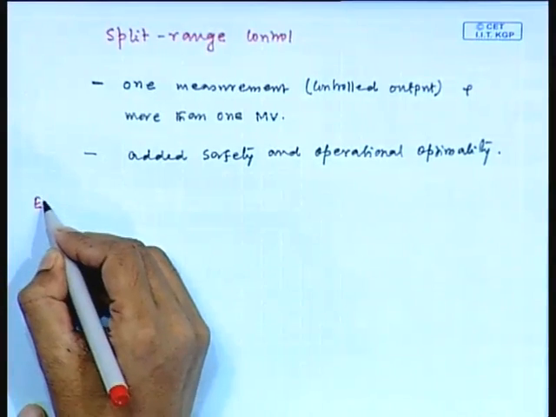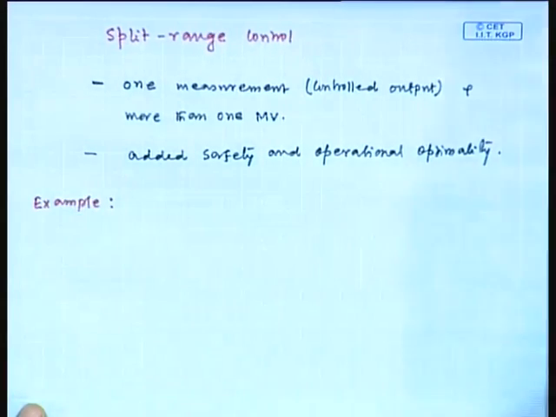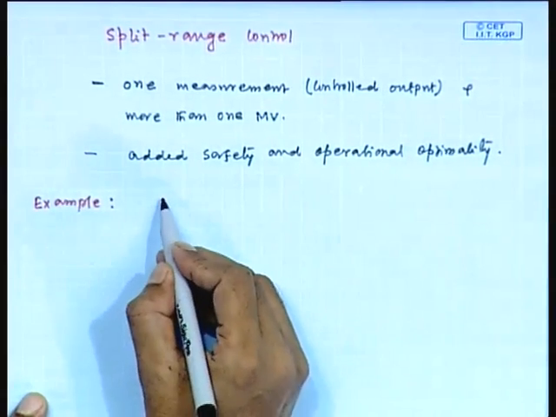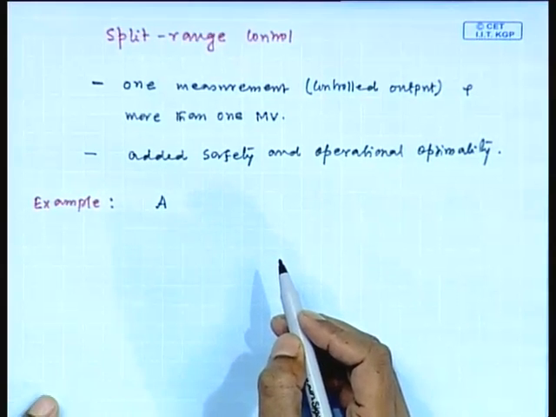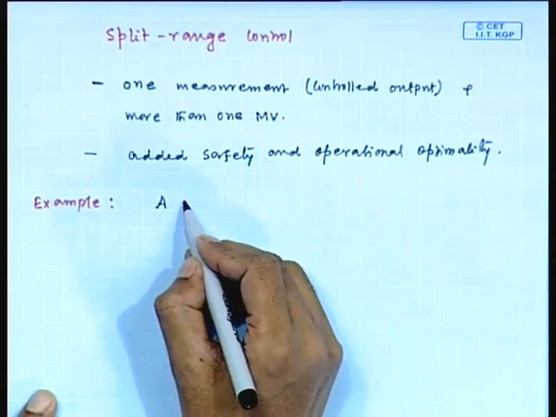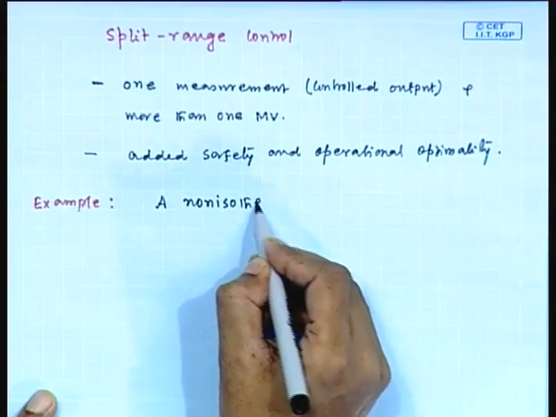So, we will discuss the concept of split range control by taking one example. We will take a non-isothermal batch reactor to discuss this control.